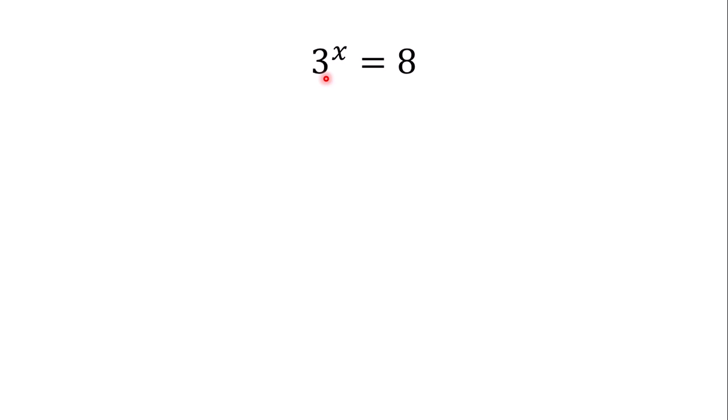So here we will not get any whole number. I think you're going to get a decimal, because you're going to apply logarithm to solve this one. You're just going to take log of both sides.